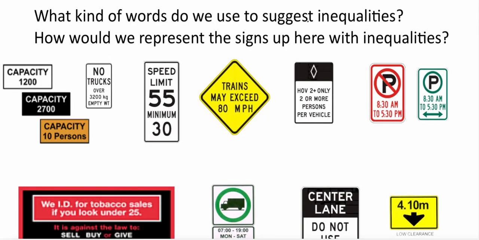So now we're going to apply these inequalities to real life. We're just going to take these signs that we've most likely seen in real life and apply them to what they mean symbolically and how we write them out mathematically. I'm going to start with this sign right here where it says no trucks over 3,200 kilograms. So what that means is this.